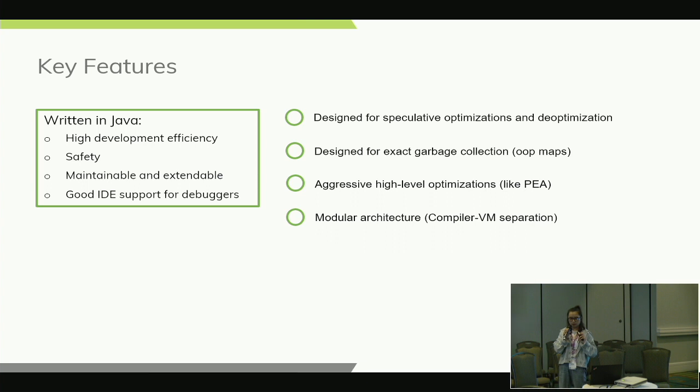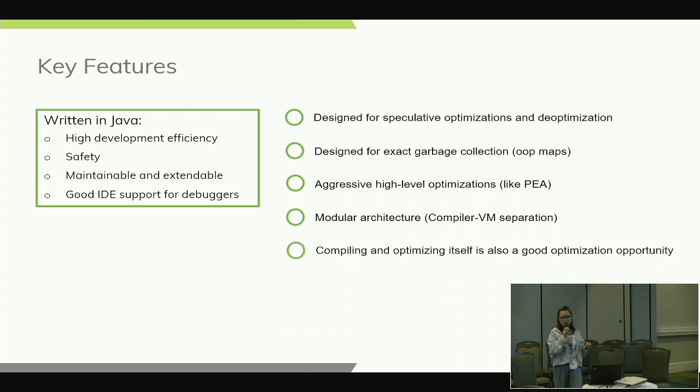And it is VM independent, so if you make some modification to the compiler, you don't need to compile HotSpot together. And finally, because Graal is written in the Java language, it can compile and optimize itself. This is also a good optimization opportunity.